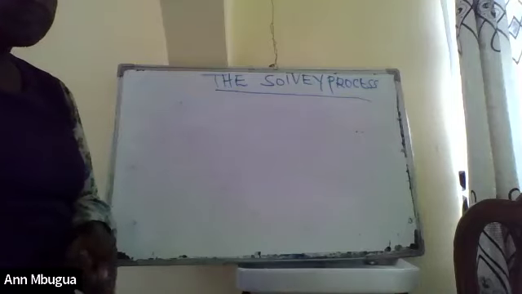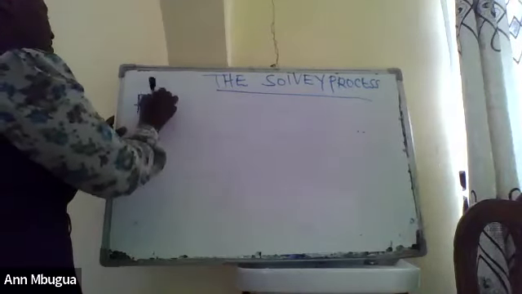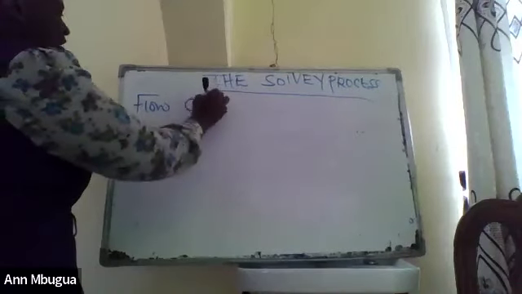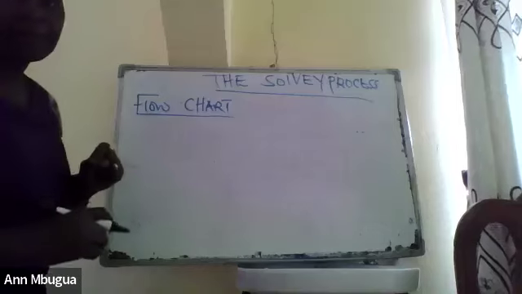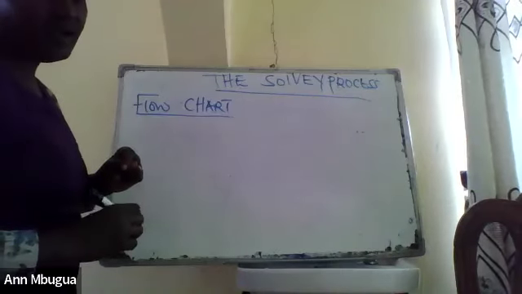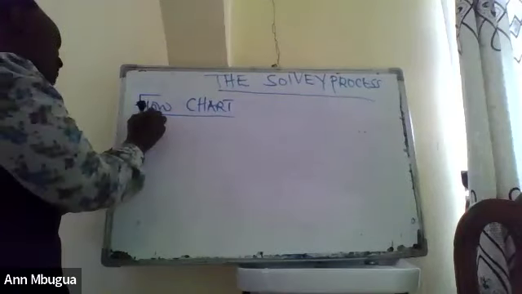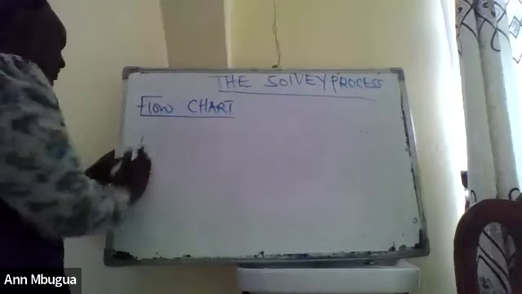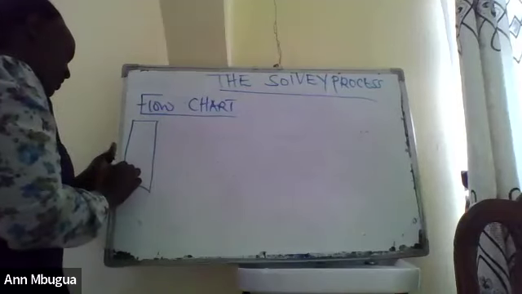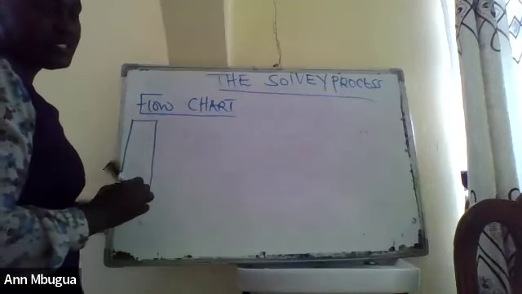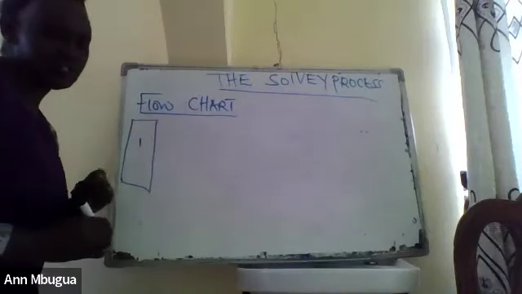We have the flow chart in simplified form, as I'm going to sketch it on the board. The first is chamber one, the first absorption tower.